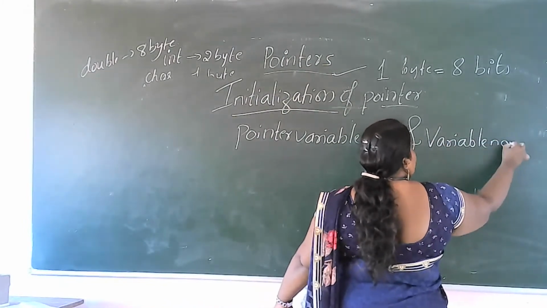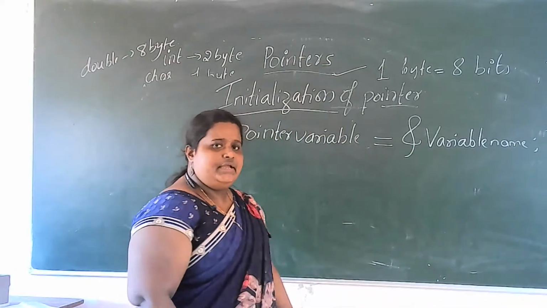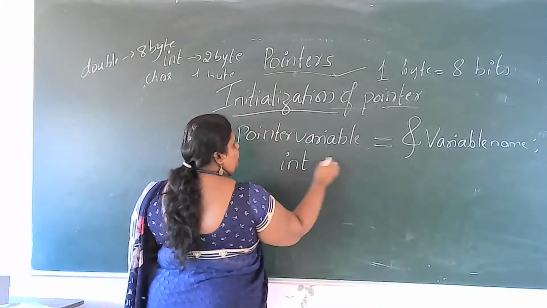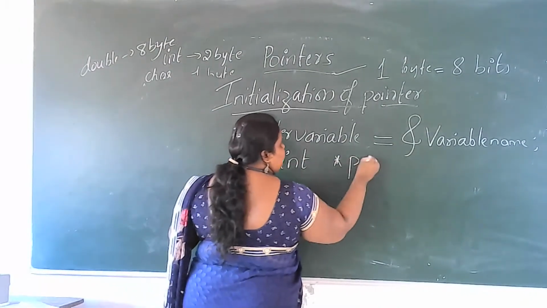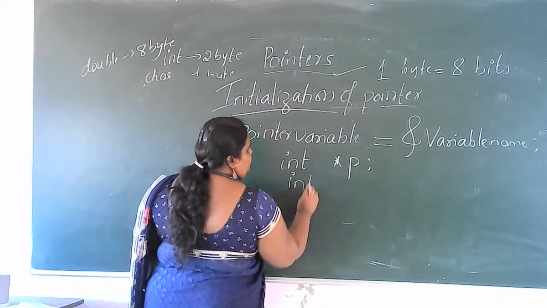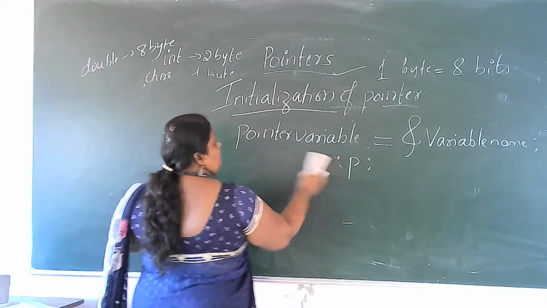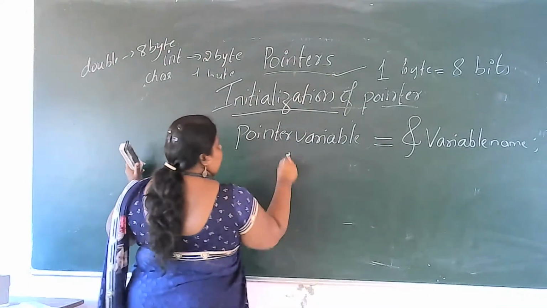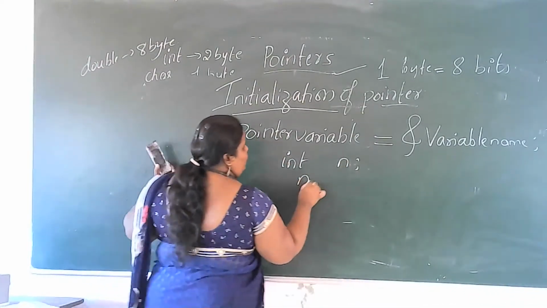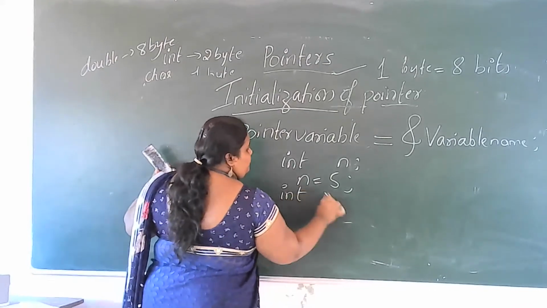Suppose you have declared a pointer p, how do you initialize it? For example, you have declared a variable n and assigned some value to n, and you are declaring a pointer variable.